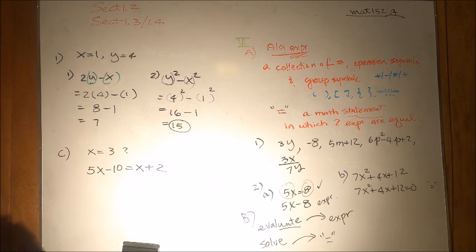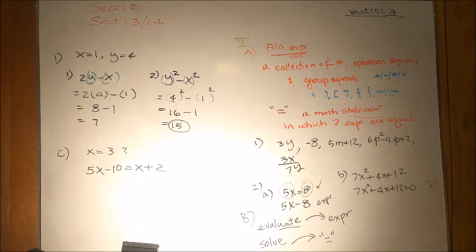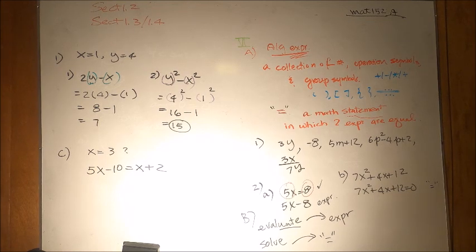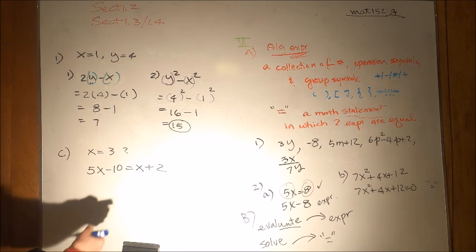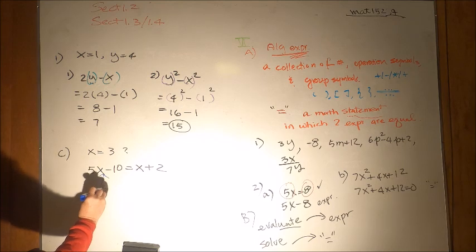We have an equation, right? They have to be equivalent on two sides. So if we say x equals 3 is a solution for this equation, it means the 3 works for the condition, right? So you plug in 3 for x.